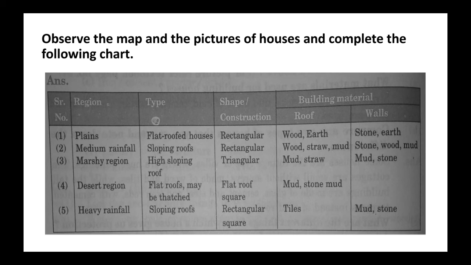You have to write, 5 serial numbers are given, and in that different regions you have to mention. First one is done for us, plains. Type is given, shape and construction is given, building material, that is roof and wall, what materials will be used is given. So accordingly you have to draw the table and write the answer.